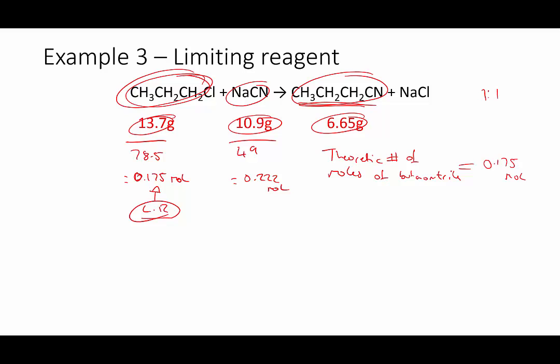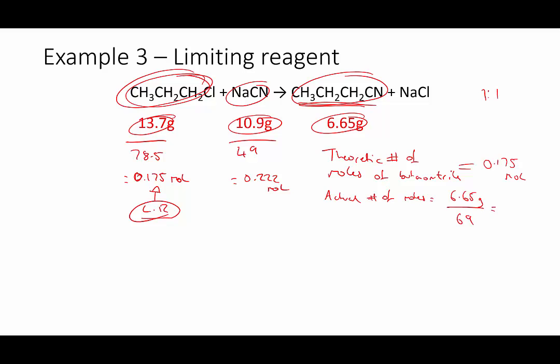So let's have a look at working out the actual number of moles. The actual number of moles of the same thing: we've been given a mass, 6.65 grams, divided by the MR of this, which is 69.